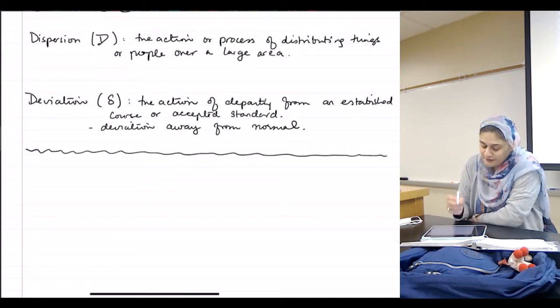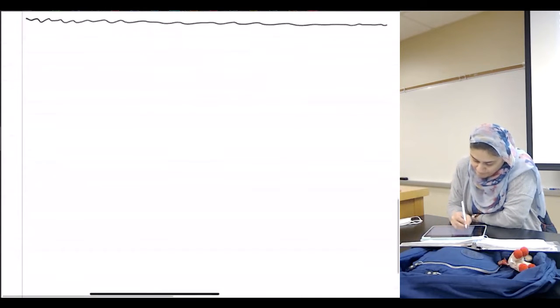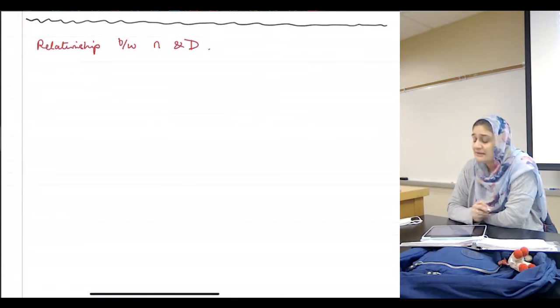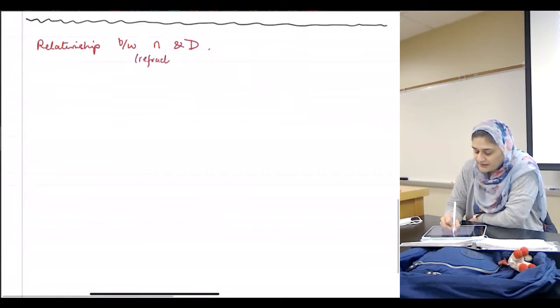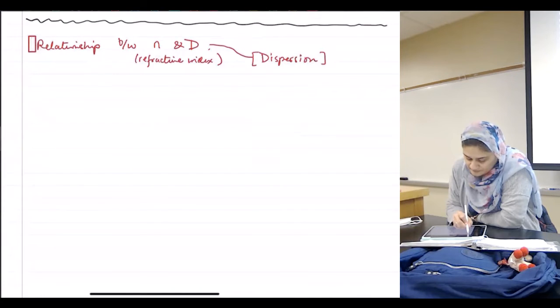First of all, I want to do the relationship between N and D, where N is the refractive index and D is the dispersion.